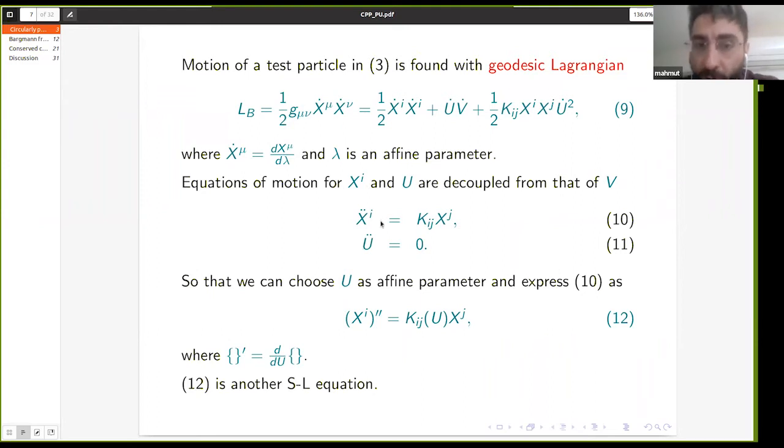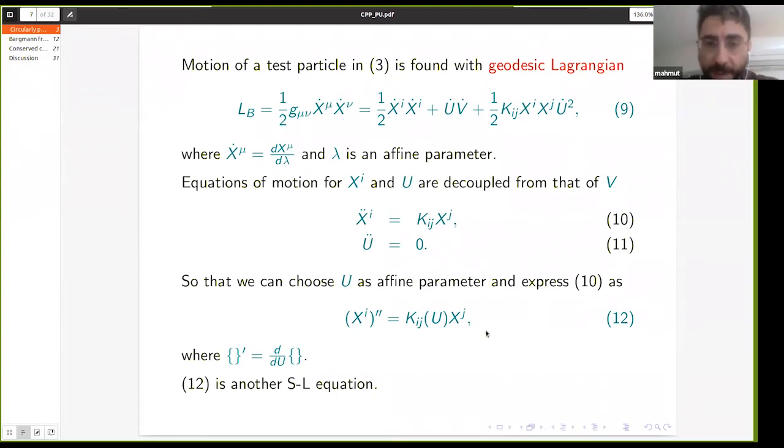The equation of motion for x, of course second order, is d squared x over d lambda squared equal to k times x. This looks like a harmonic oscillator equation. If you choose u as the affine parameter itself, then the equation for x turns out to be exactly a Sturm-Liouville equation.